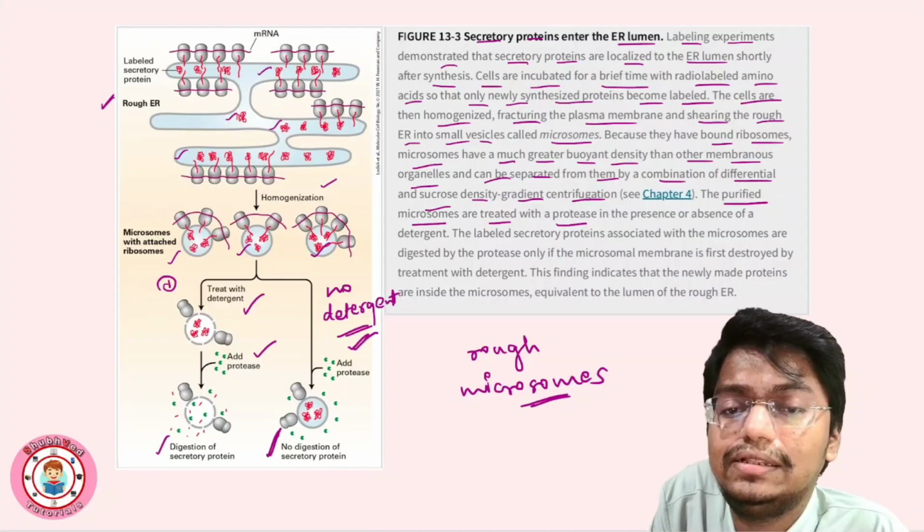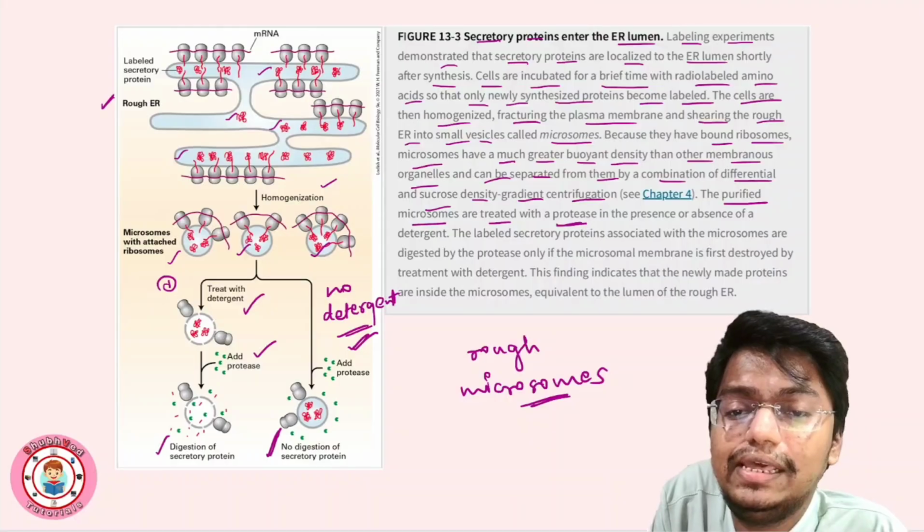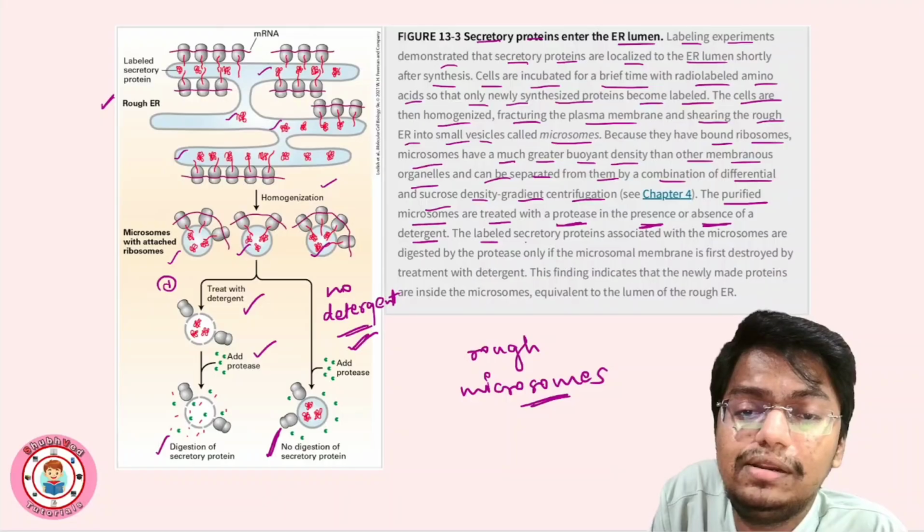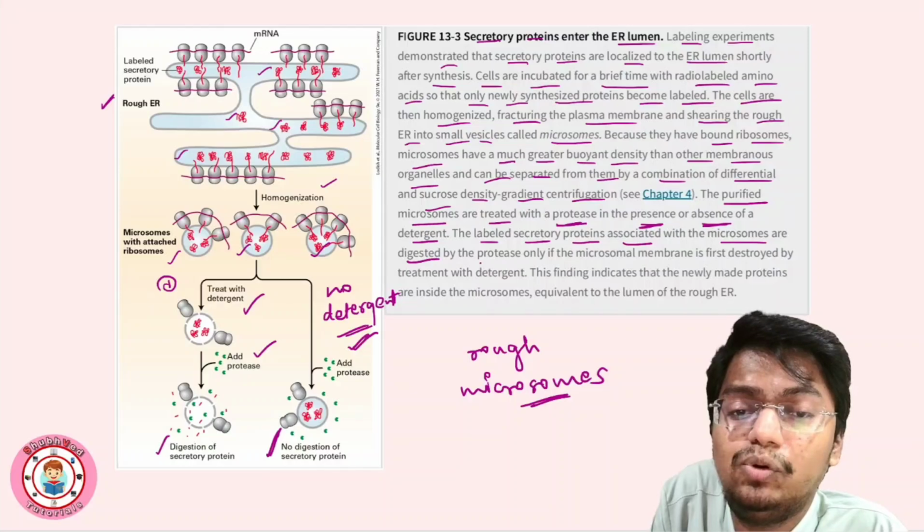So when these are treated with protease in the presence or absence of a detergent, the labeled secretory proteins associated with the microsomes are digested by the protease. कब digestion होगा protease से?